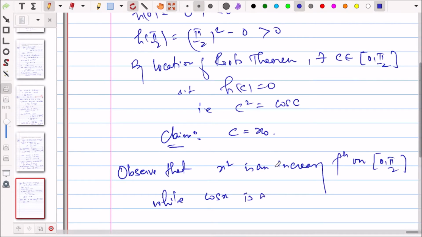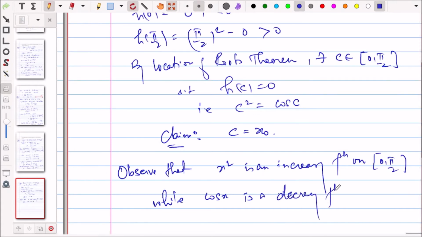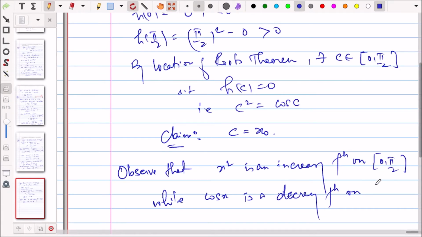It's in fact strictly decreasing, you can say. So x square is an increasing function and cos x is a decreasing function on the interval 0 to pi by 2.